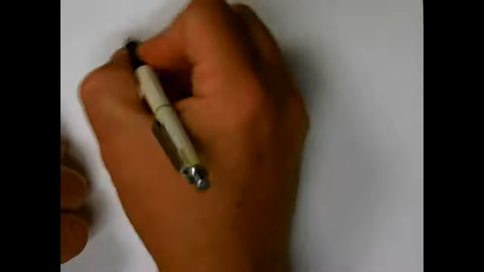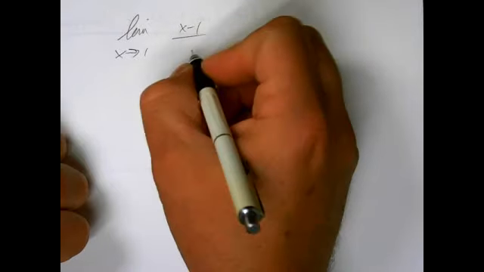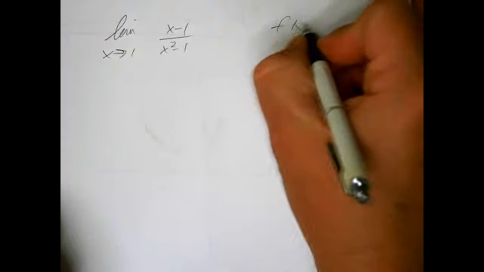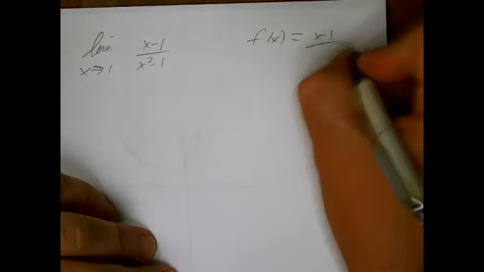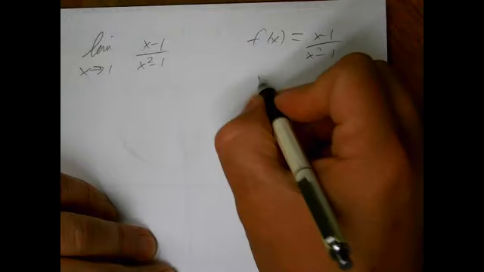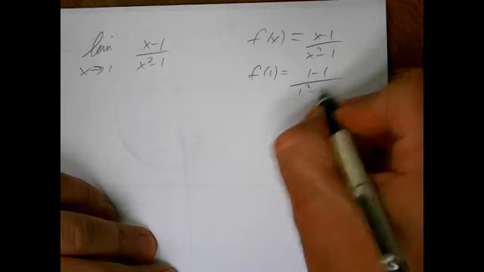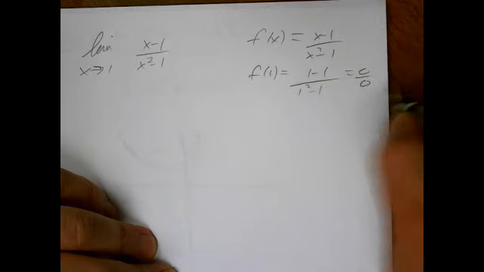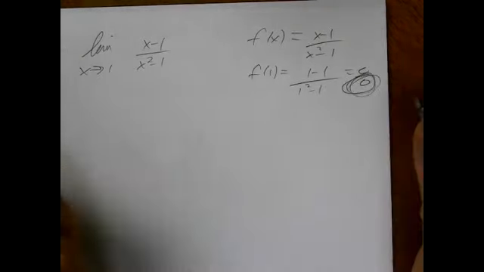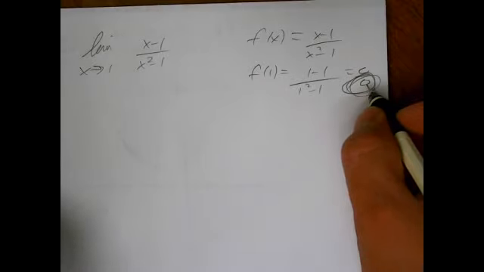We could look at the limit as x approaches 1 of x minus 1 over x squared minus 1. And notice that if you name your f of x to be x minus 1 over x squared minus 1, and you look at f of 1, you get 1 minus 1 over 1 squared minus 1, which is a 0 over 0. And we all know, at least you better know, that you can't divide by 0.